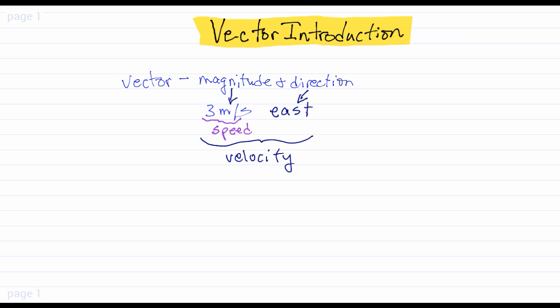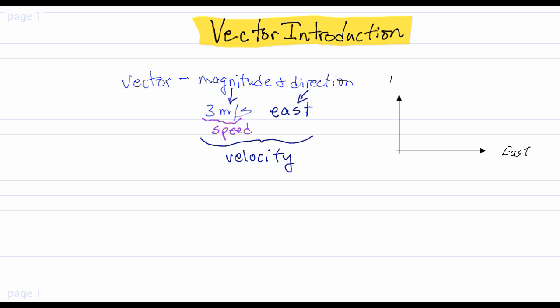Okay, now what does this mean? Well, it means that we have a vector. We graphically draw a vector with an arrow, like that. In fact, maybe before we draw that arrow, let's draw an axis. So let's say we had this coordinate system, and we can let the direction to the right be east.